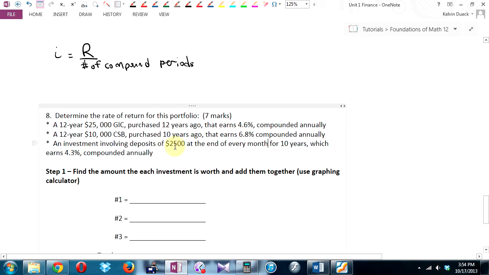In which case, let's do $500 because if you can afford $2,500 a month and put that away, you're making enough money that you probably don't need to worry about investing too much anyways. And since it's monthly, every month, let's make it compounded monthly. Okay? Did you want any more hints, kiddo, or are you good? Okay? Okay.